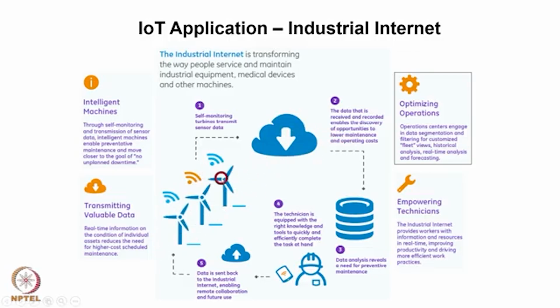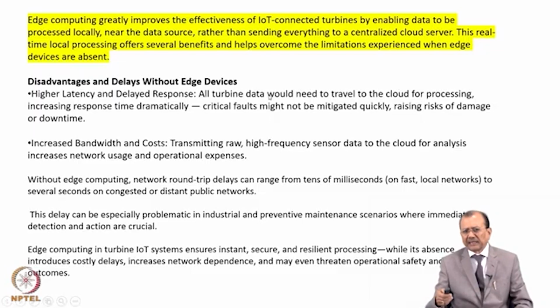So that is where the role of edge computing comes in. I explain in this slide the disadvantages and delays without edge devices in this turbine scenario. You can see increased bandwidth and cost: we need increased network bandwidth, and the cost also increases.